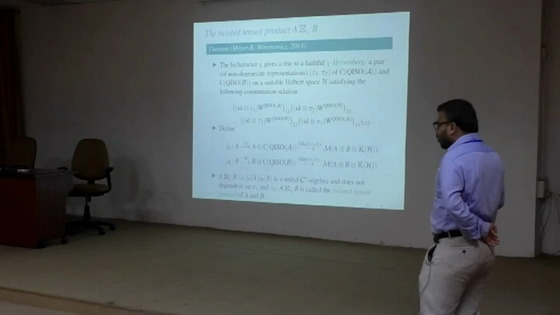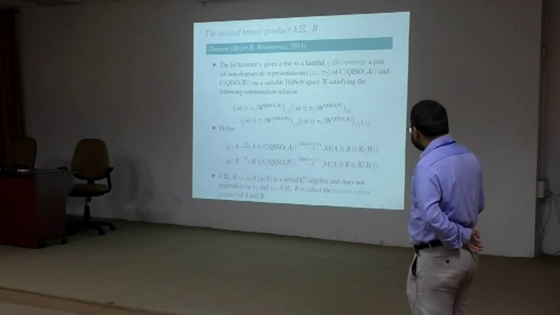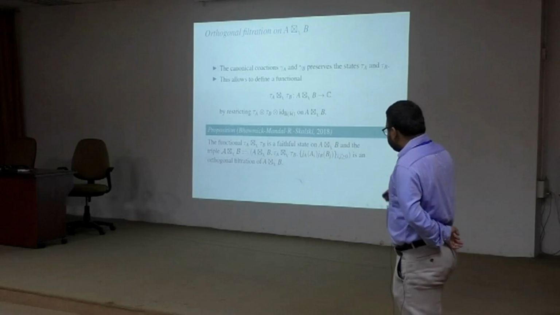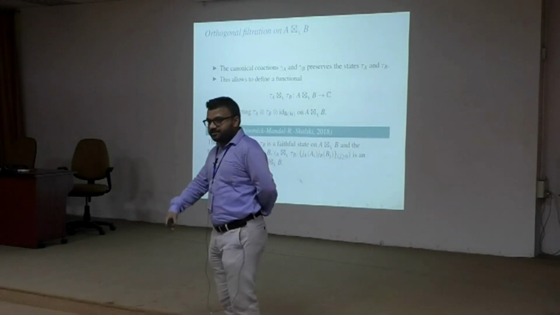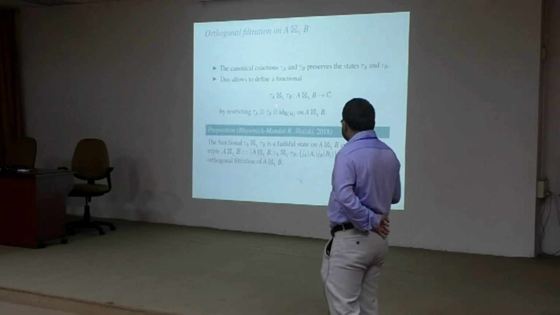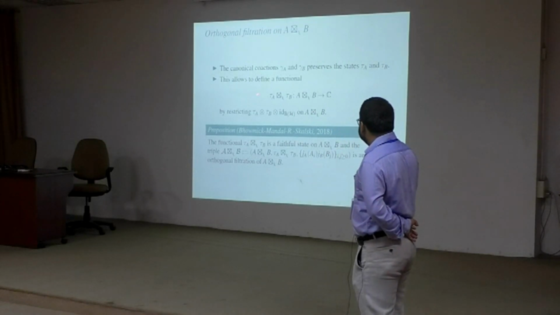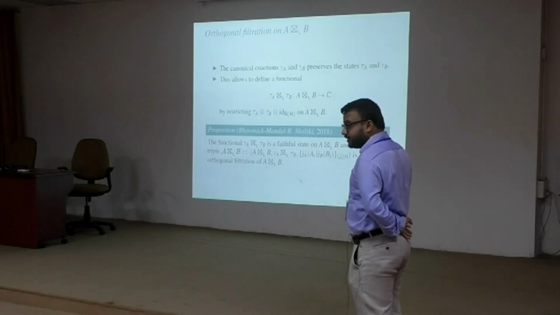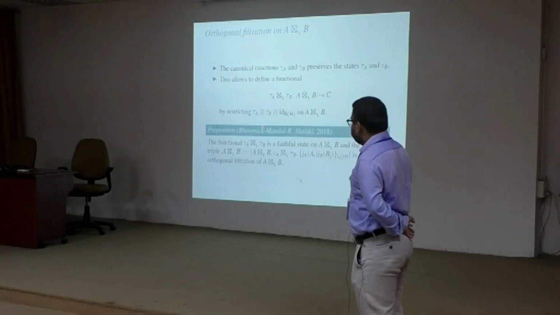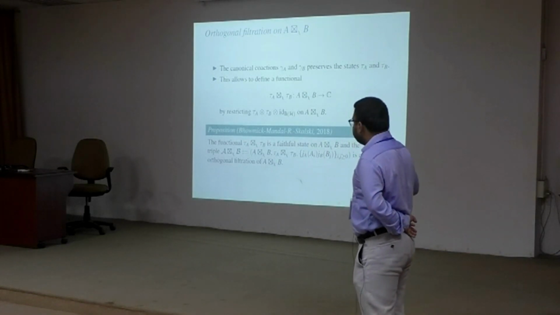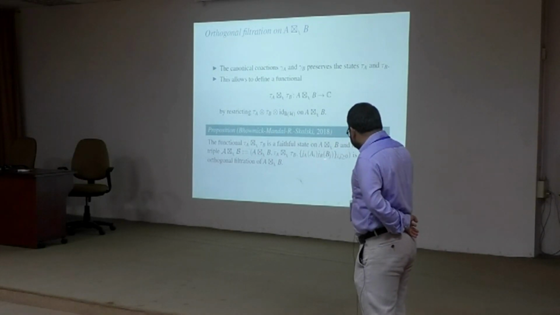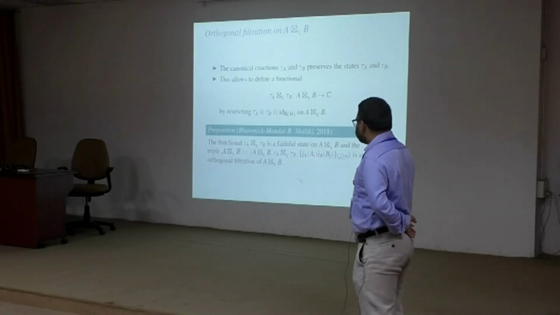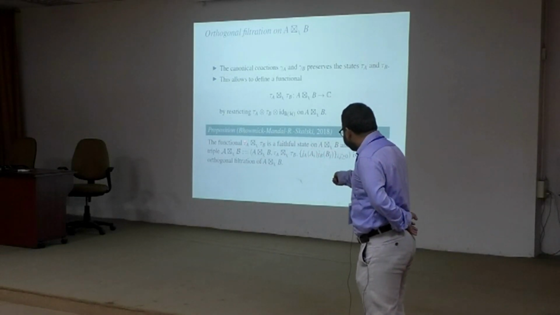Not only that, there are some other classes of examples as well. So the next question is whether we can form an orthogonal filtration on this twisted tensor product. The answer is yes. First of all, given these states tau A, tau B, one can straight away construct a functional on A box B. Next, what we proved is that this is actually a faithful state, and this J1(A), J2(B) forms an orthogonal filtration with respect to this state.